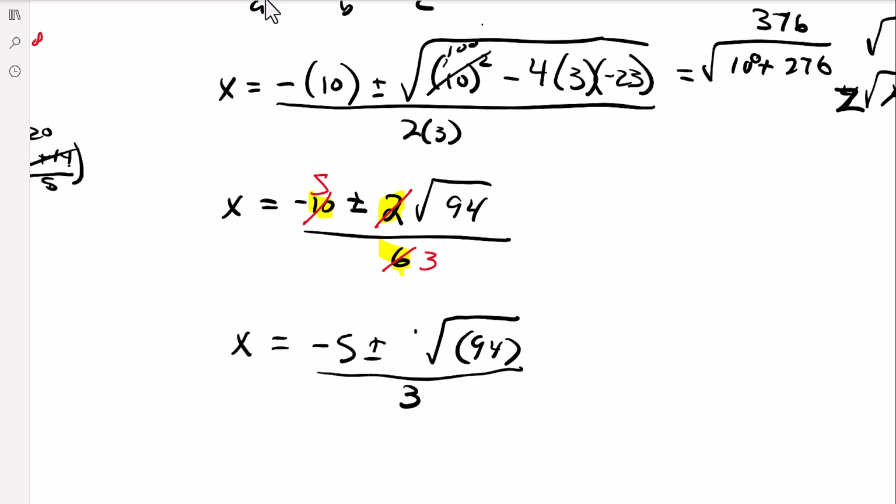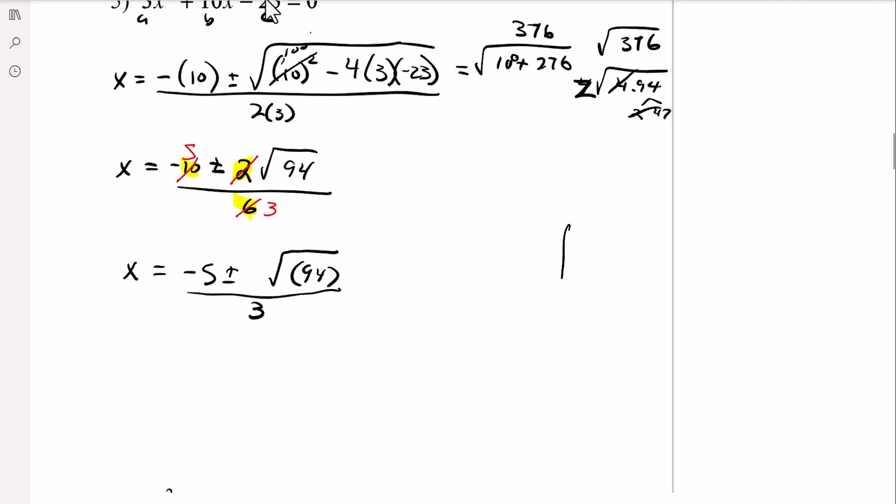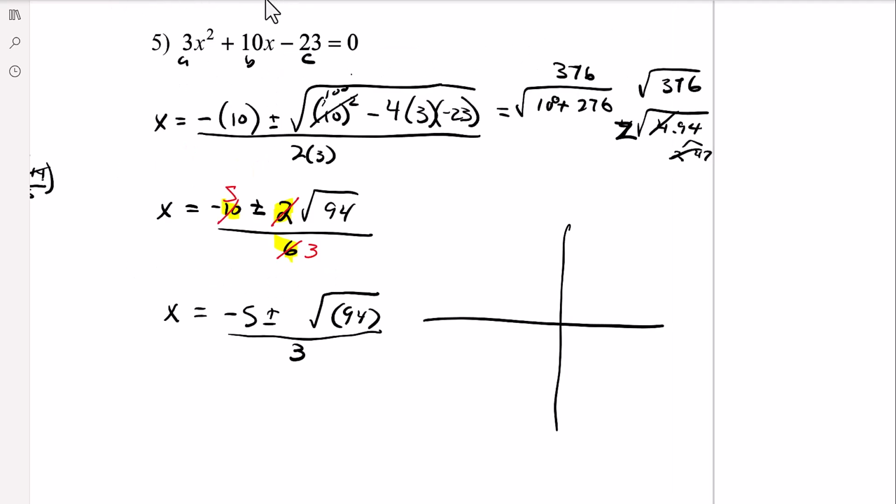And then you can put the invisible 1 there if you want. You don't have to. And then when you go to graph it, this is negative 5 subtract root 94 all over 3, and negative 5 plus root 94 all over 3.